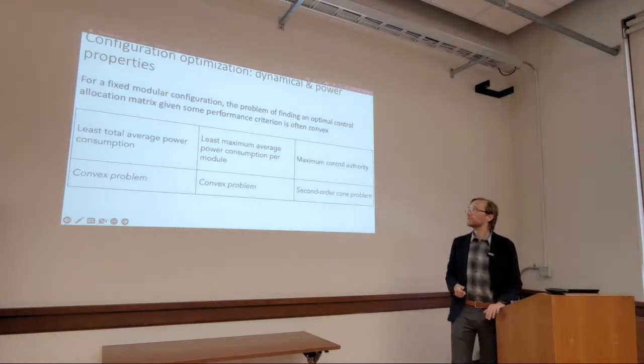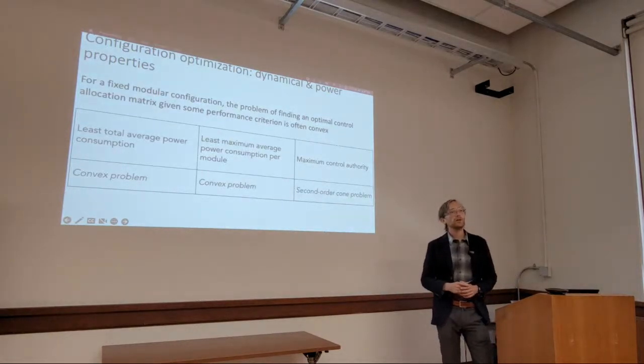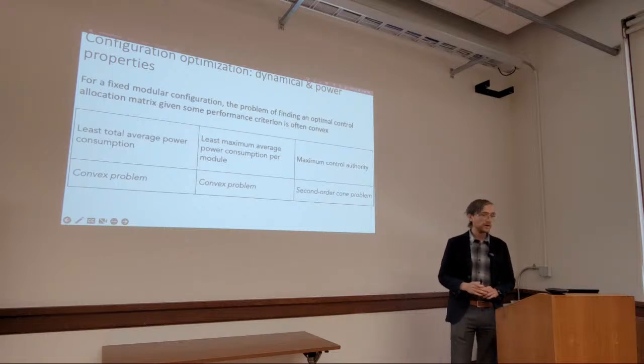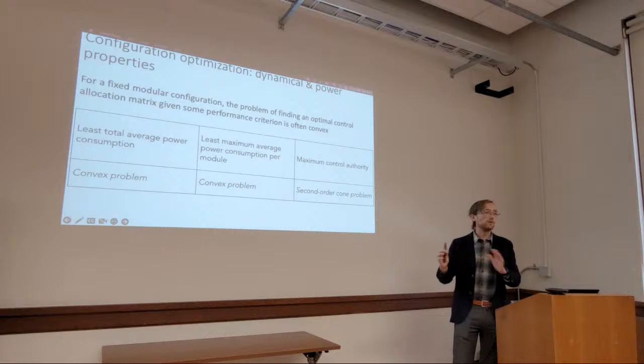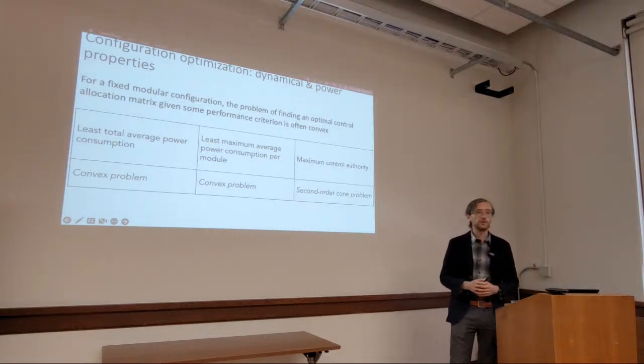I'm not getting into the details because I don't have time, but for a given fixed configuration, we can formulate control allocation problems with a static matrix, which means we're trying to find a matrix which is a pseudo-inverse of another matrix given by the position and orientation of the rotors on a fixed configuration.